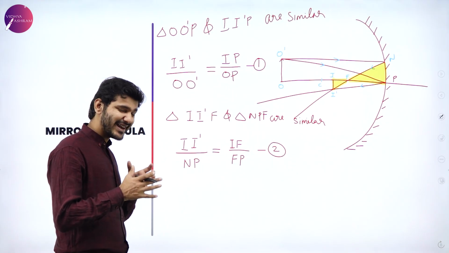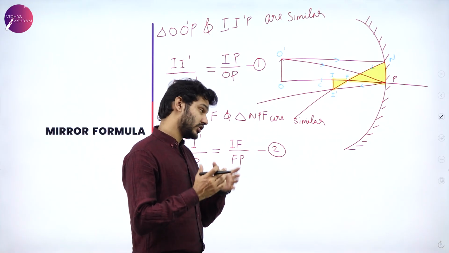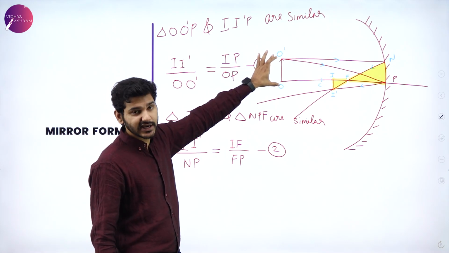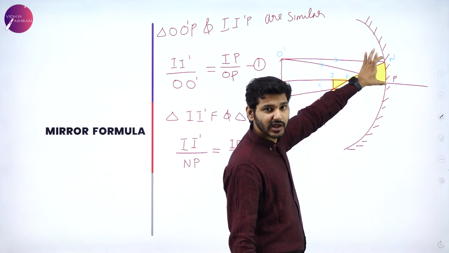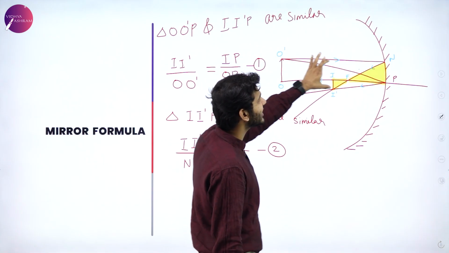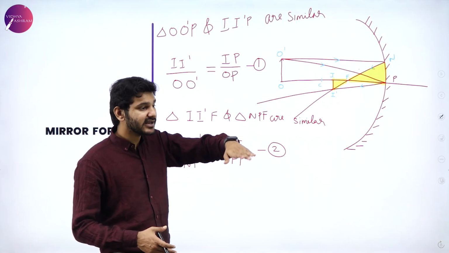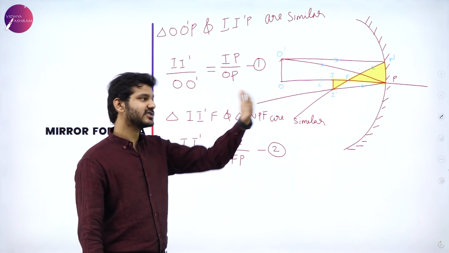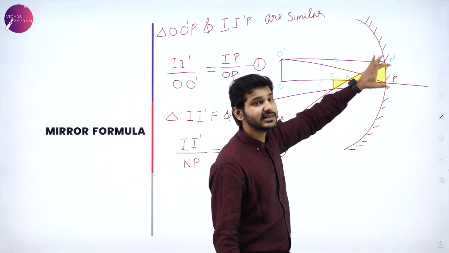Now, is there any similarity or anything you can contribute to this particular image? If you observe really closely, O dash is the height of the object, but that height is equal to NP, because the ray is just traveling in a straight line. It is not bending. According to ray optics, the ray of light is rectilinear in propagation, or simply a straight line. So this particular length and this particular length will be equal.